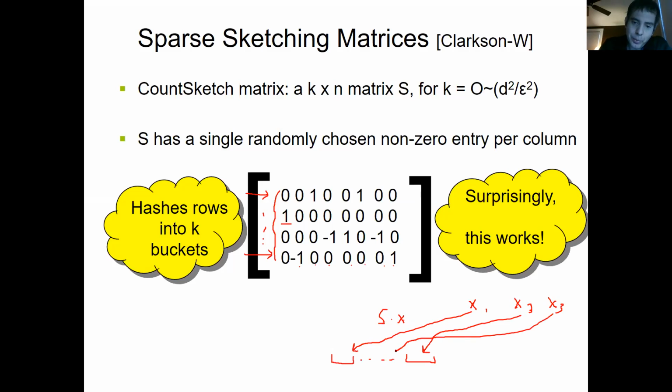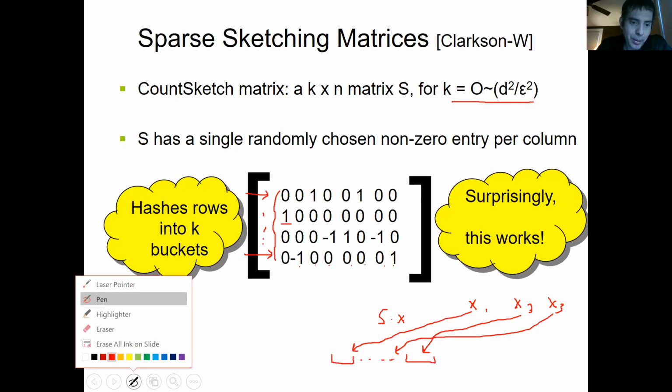And so each row is just hashing the coordinates to a bucket, it scales them by a random sign and then adds them to what's already in the bucket. Okay, and surprisingly, at least to me, this actually works, meaning that if you set k to be this and you solve the sketch problem, then you'll get a 1 plus epsilon approximation.